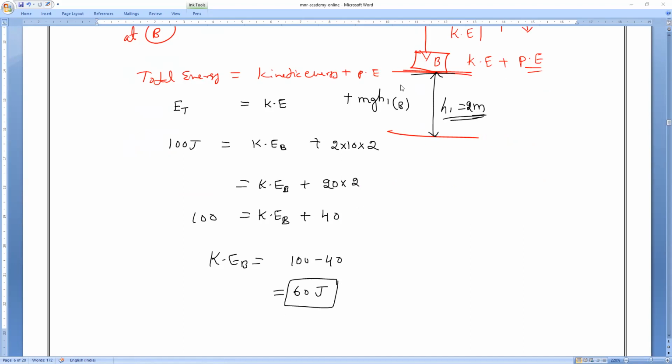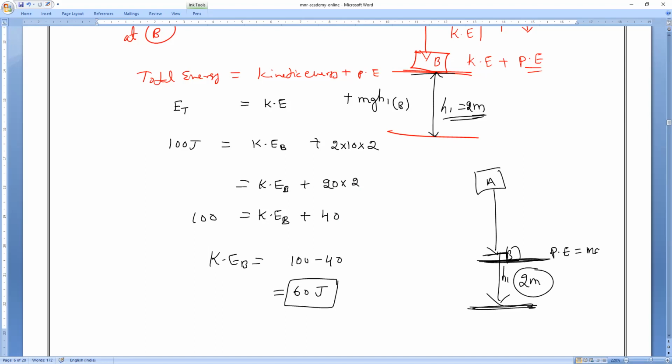Super. So at point B, when the body is dropped from point A, it has reached point B. At this point, it has not reached the ground; it is 2 meters above. So the potential energy is mg from the ground, H1, which is equal to 40 joules.